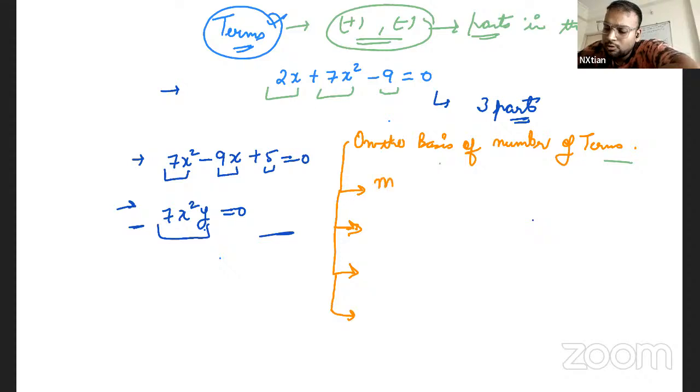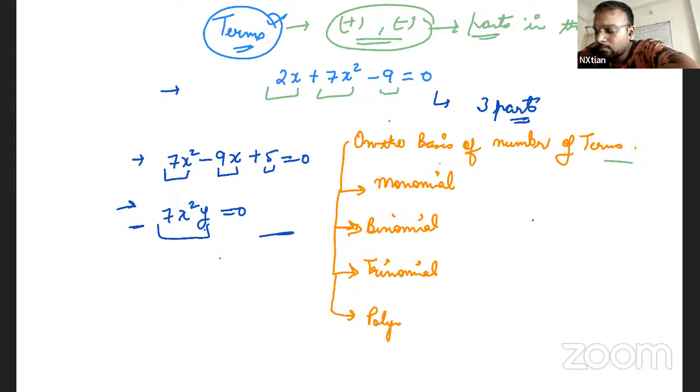First is monomial, second is binomial, third is trinomial, and the fourth is polynomial. Can you repeat after me? Monomial, binomial, trinomial, and polynomial.